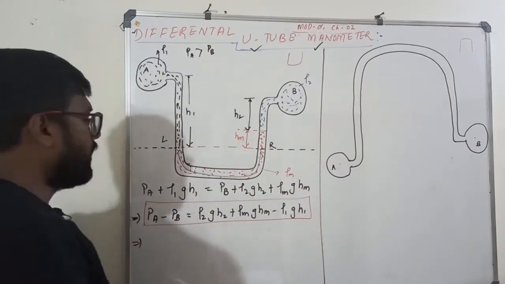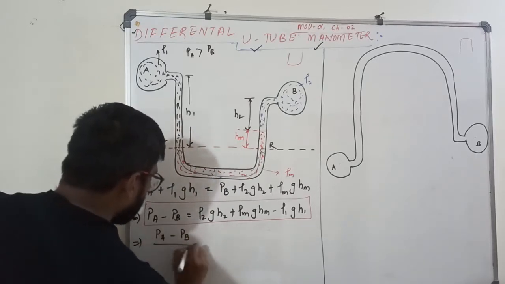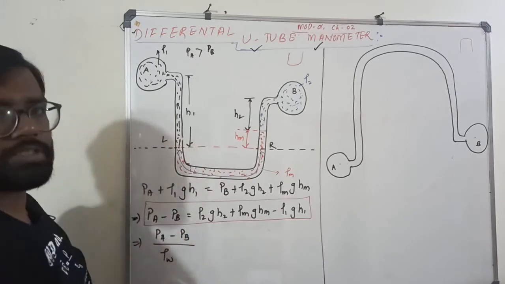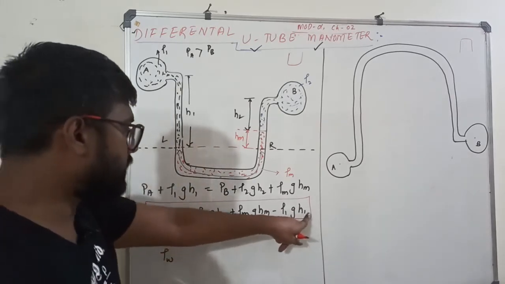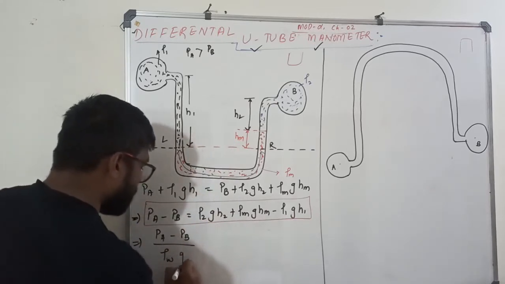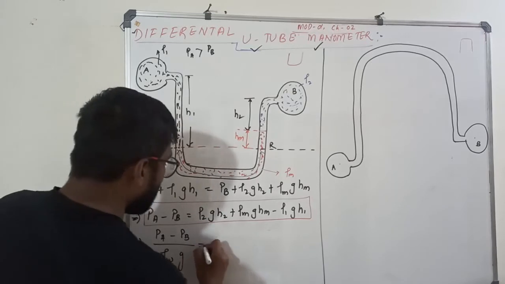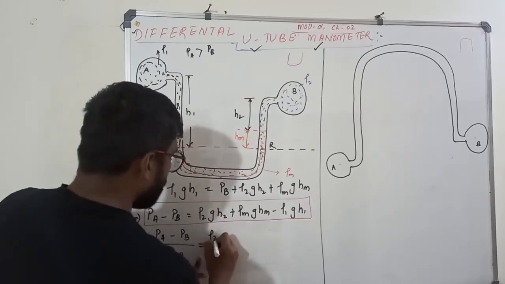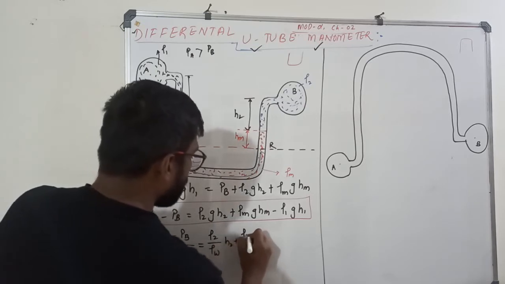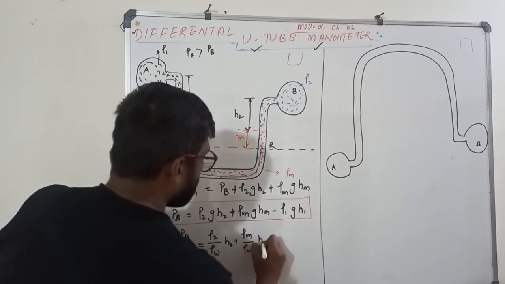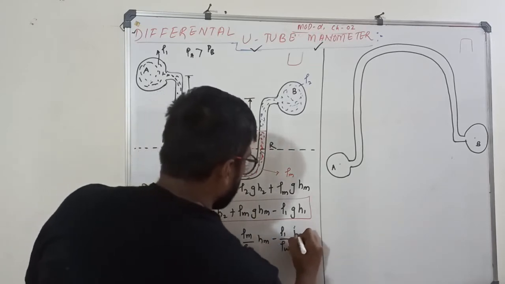Now let us divide both the sides by the density of water, and take G common, bring it to the left hand side. So rho W into G. What will we get? Rho 2 by rho of water H2, plus rho m by rho of water Hm, minus rho 1 by rho of water into H1.